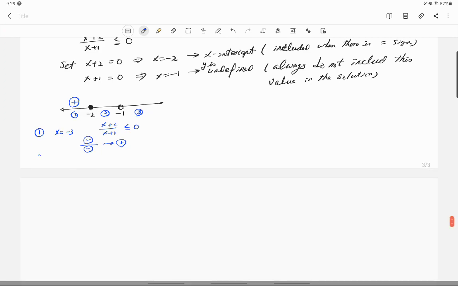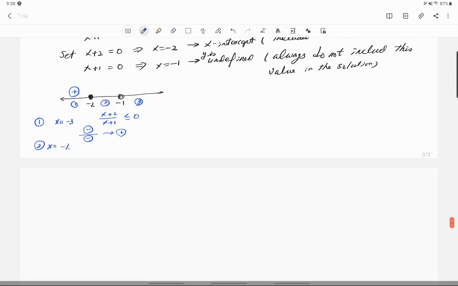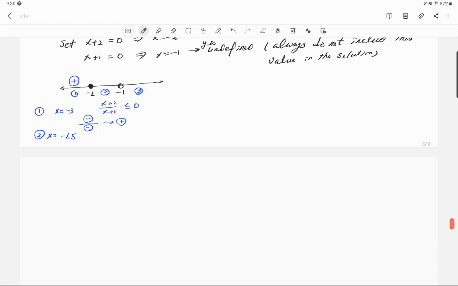How about interval 2? Let's use an x between -2 and -1, so x equals -1.5. Then the numerator, -1.5 plus 2, is positive, and the denominator is negative. So the result is negative. For this interval, the y value is negative.